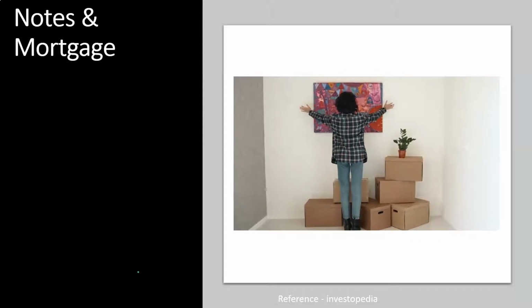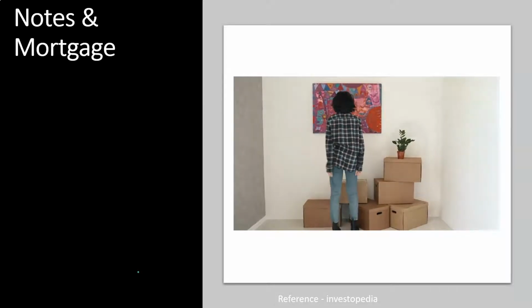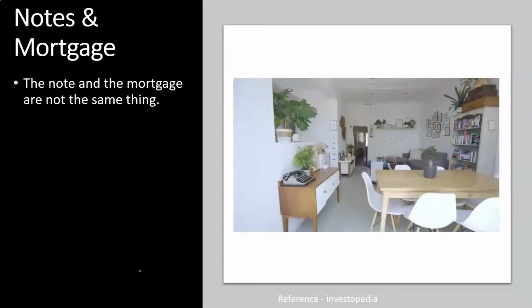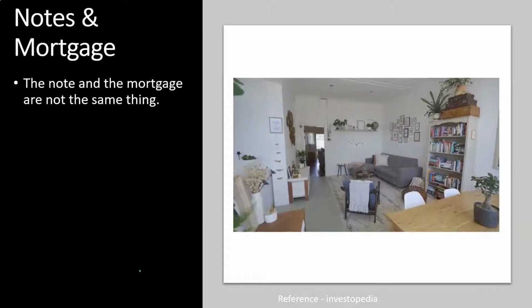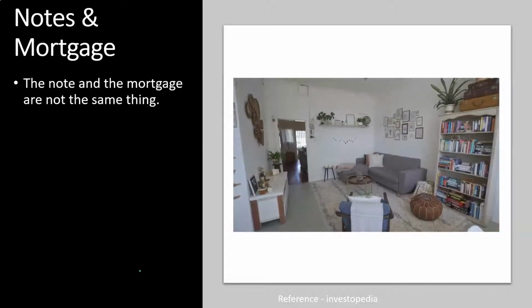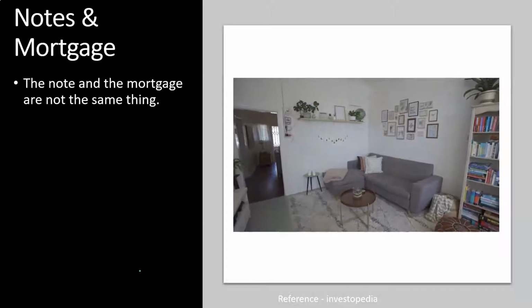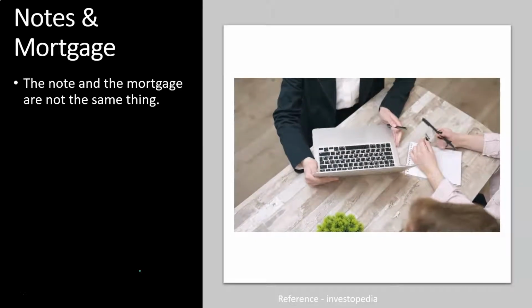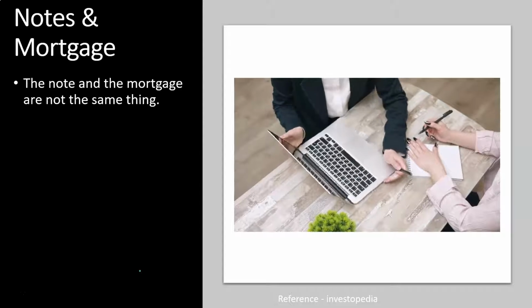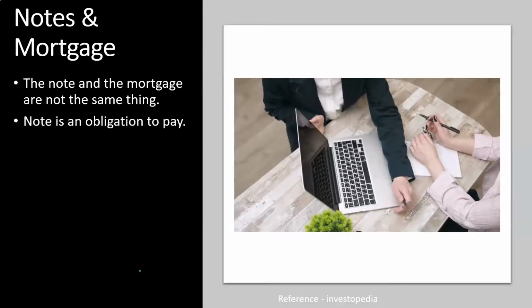In a prior presentation, we took a look at the promissory note. So we're looking at the notes and mortgages, focusing in on the mortgage. The note and the mortgage are not the same thing. Generally, when we think about a home purchase or real estate, we think about the note and the mortgage as packaged together, which is okay, but technically they're not the same thing.